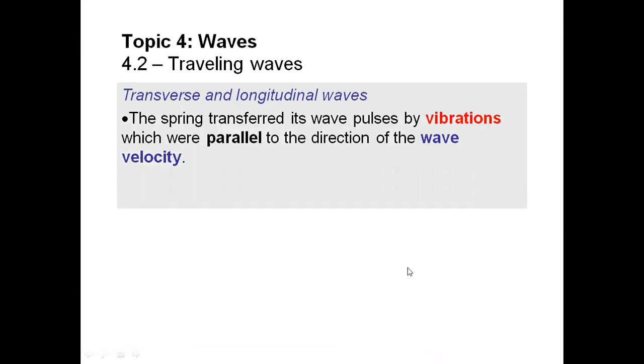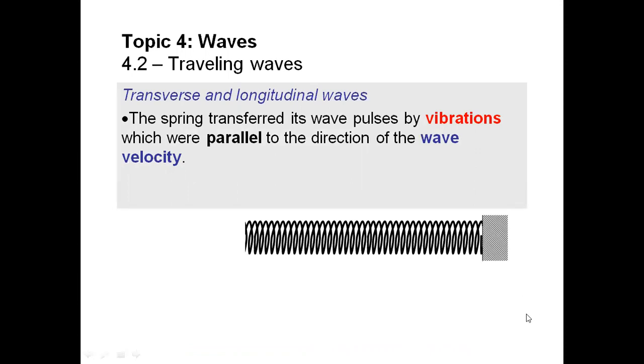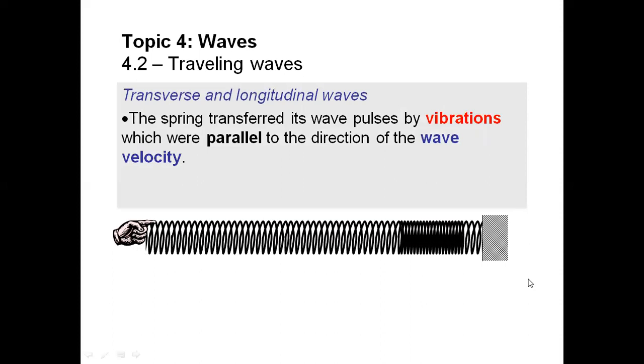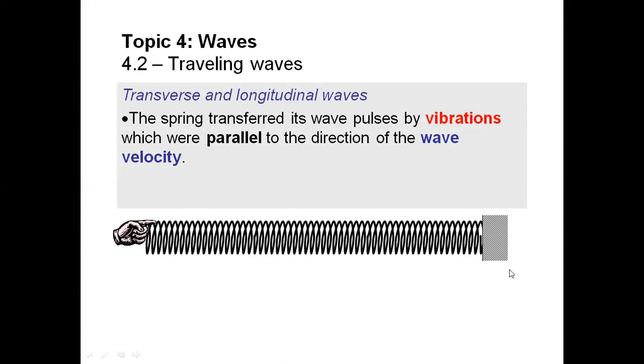The spring transfers its wave pulses by vibrations which were parallel to the direction of wave velocity. So when we move our hand forward and backward, we have seen that the vibrations are to the left and right.